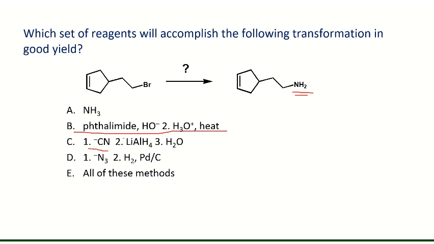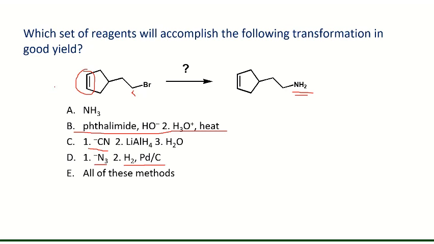Because if you use the cyanide, that would be increasing this carbon chain with an extra carbon, yes? Alright, why couldn't you use this fella? Because if you use that azide, if you think about it, if I deploy this reducing agent, I'll reduce these double bonds.